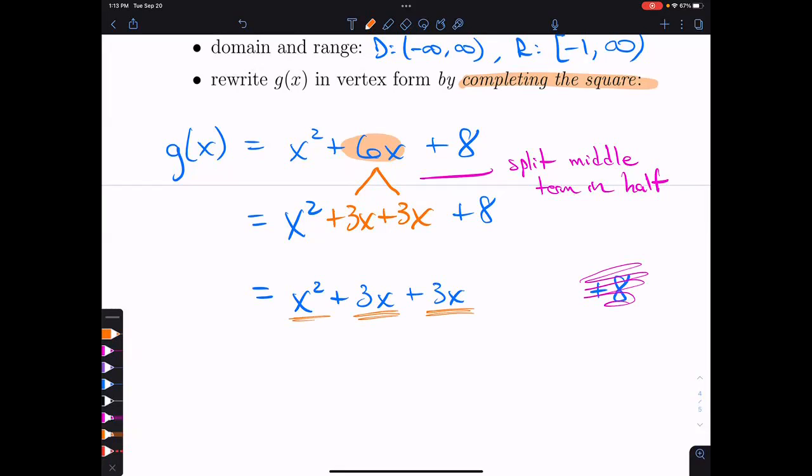Those look a lot like, and we can treat them a lot like, the first and outer and inner parts of a product of binomials, right? So if what I'm trying to do is figure out how to factor this so that the factors are identical, what would they have to look like to give us x squared here? Well, x times x, I guess I already filled that part in. To get 3x and 3x as the outer and inner parts, what would these have to look like?